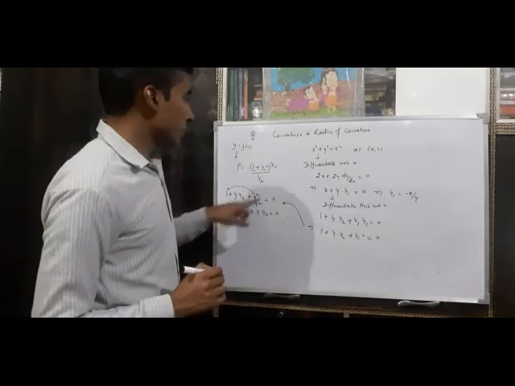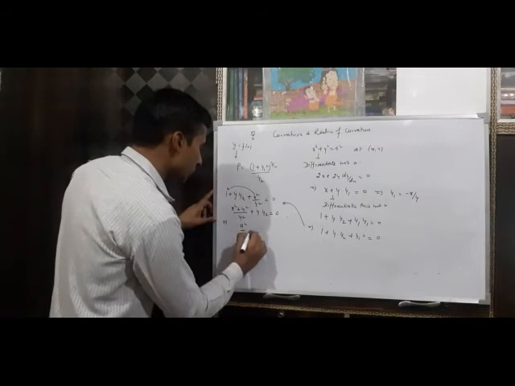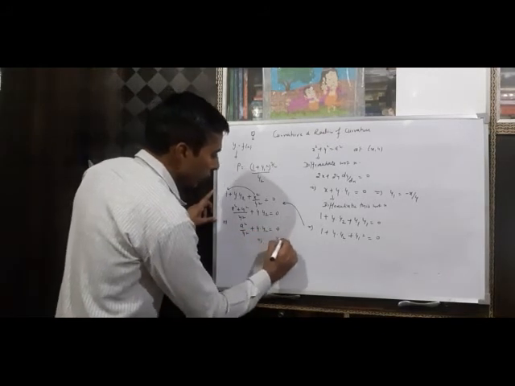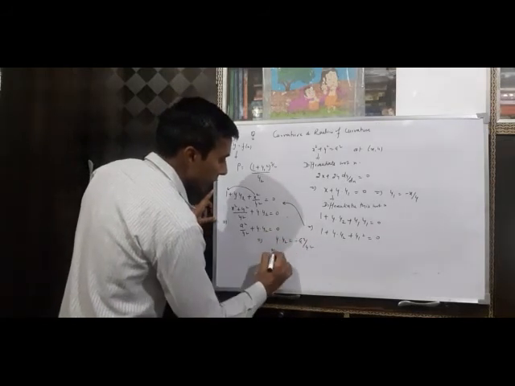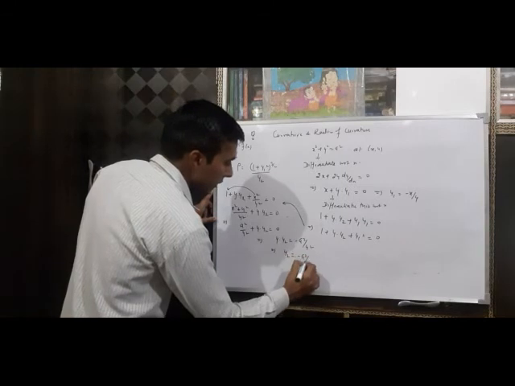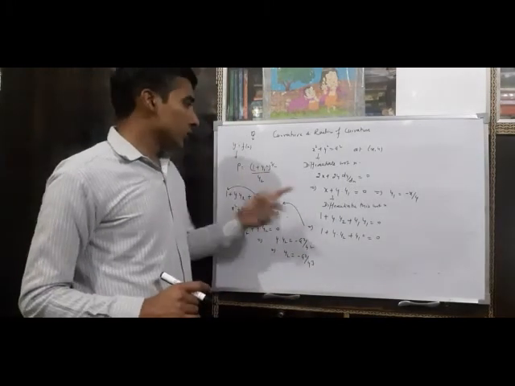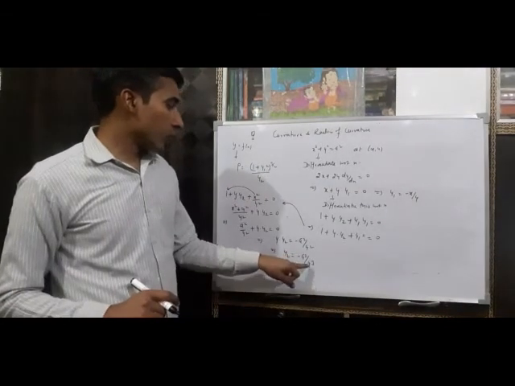Now x square plus y square is given as a square, so a square upon y square plus y into y2 equal to 0. So y into y2 is minus a square upon y square, and that gives y2 is minus a square upon y cube. So the first derivative is minus x upon y and the second derivative is minus a square upon y cube.